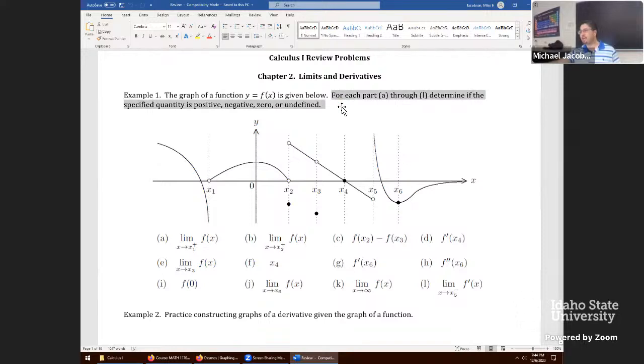What we're trying to do here is not estimate each limit precisely, but to look at each limit or statement like this one and determine if the specified quantity is positive, negative, 0, or undefined. So let's give this a try. We'll go right to left, top to bottom, starting on this one. x is going to head towards x1, from the right on the function f of x.